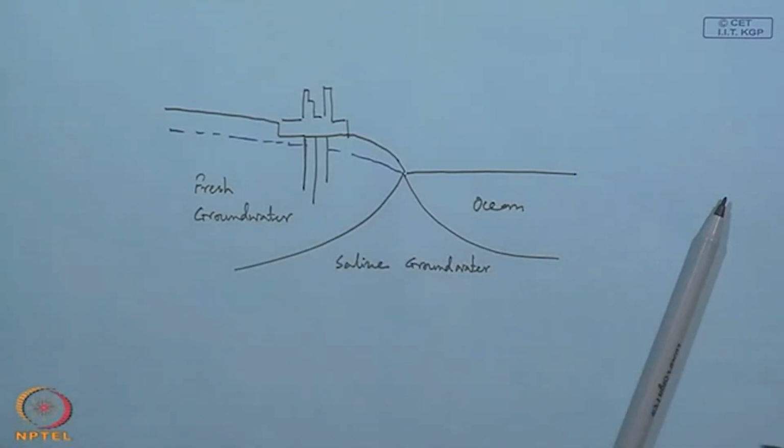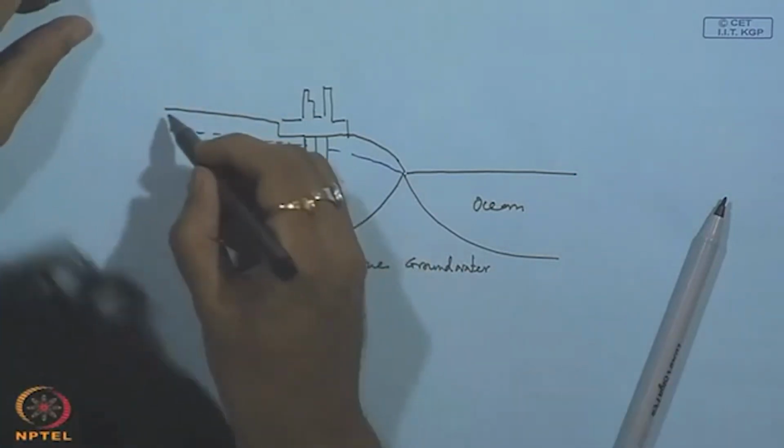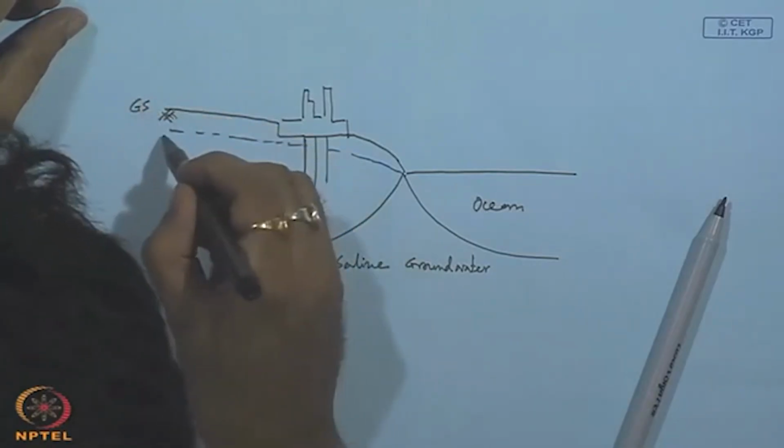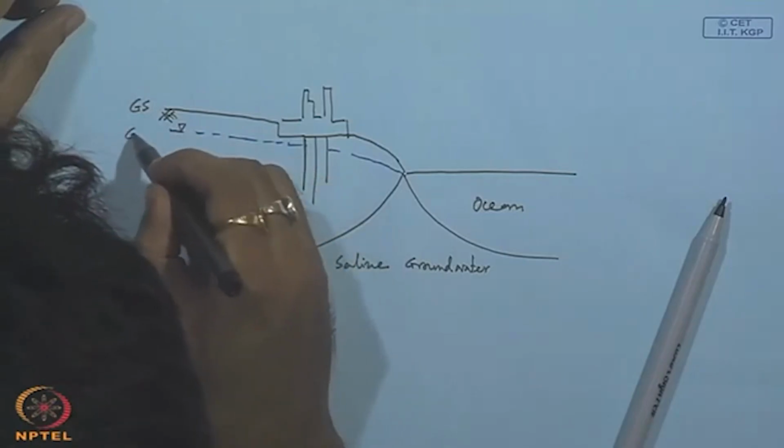So, what is happening due to this is our GS or ground surface, and this is again groundwater table.